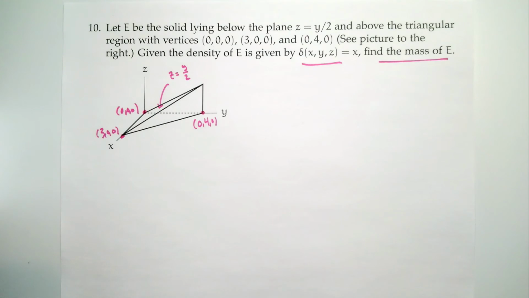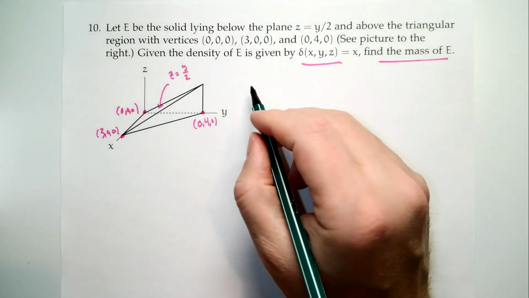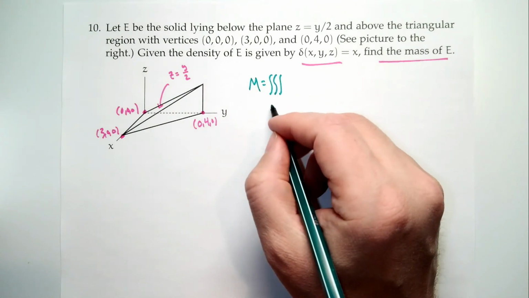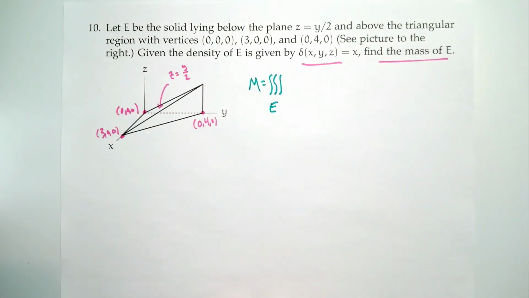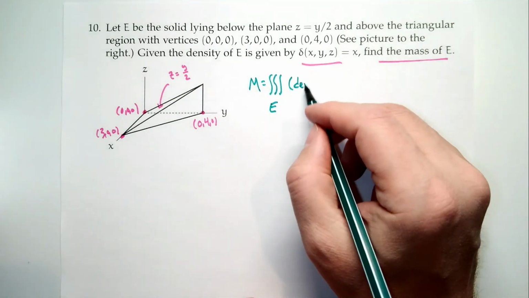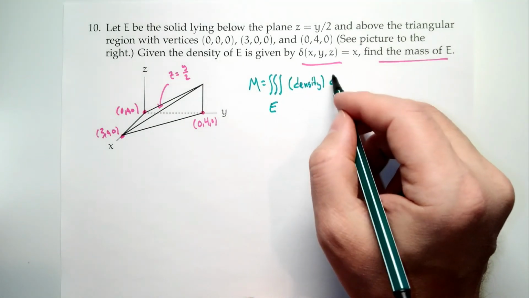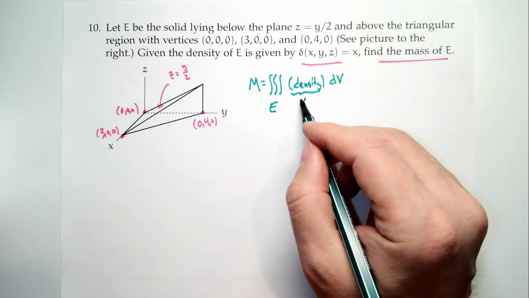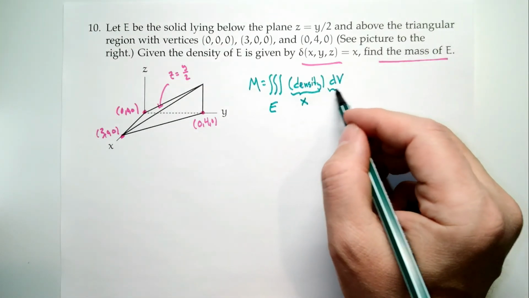All right, well, we kind of know where we're going. So where are we going? Well, if we're after mass, it's the integral over our shape, and in this case our shape is called E, of our density dV. So our density, well, that's x. What's dV?